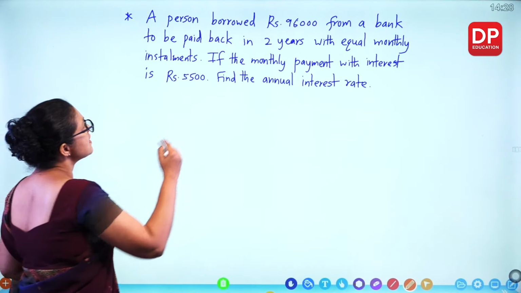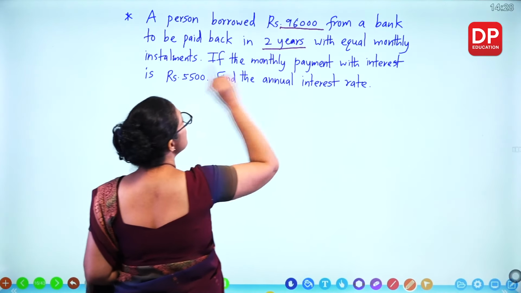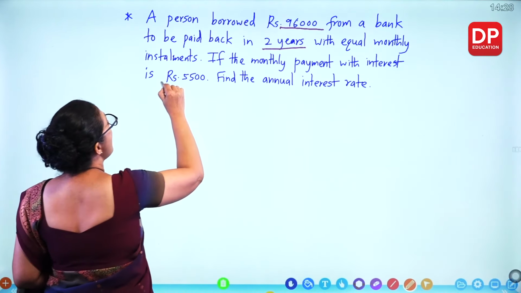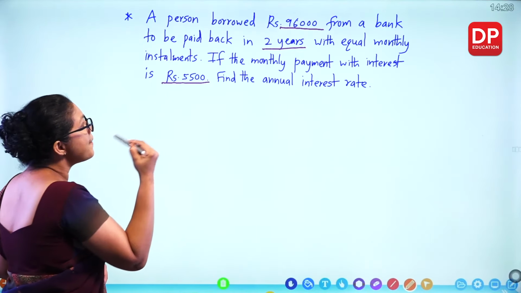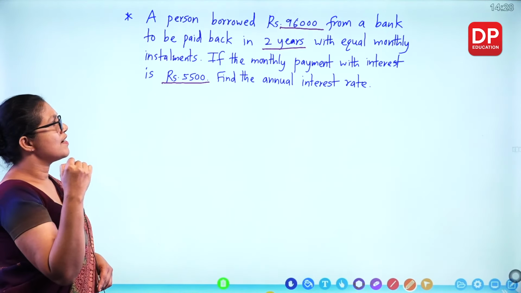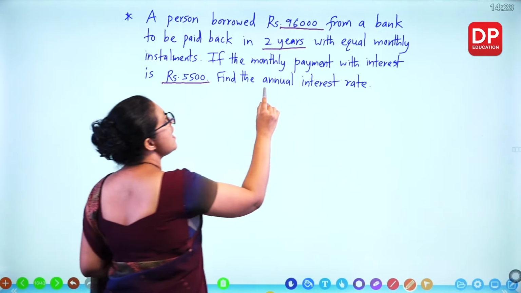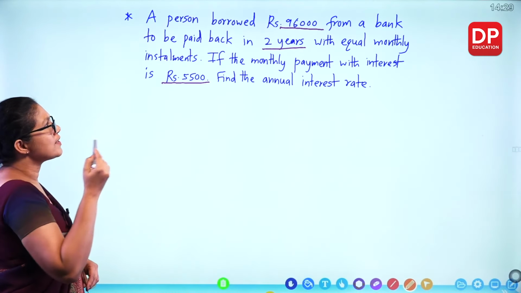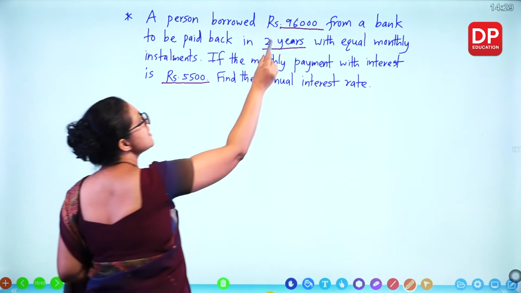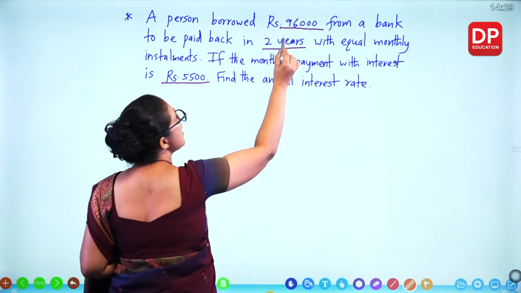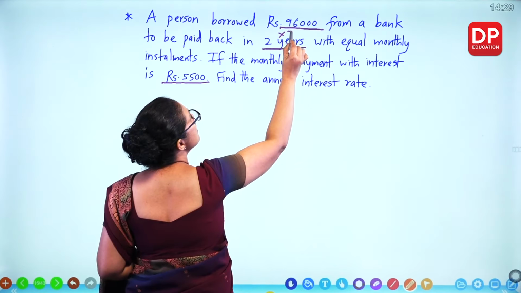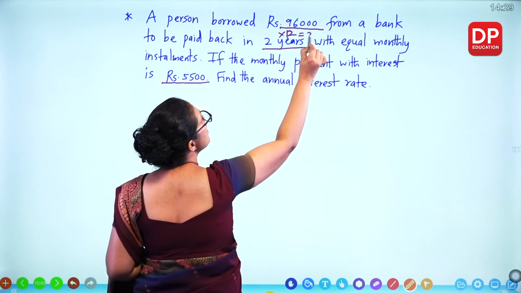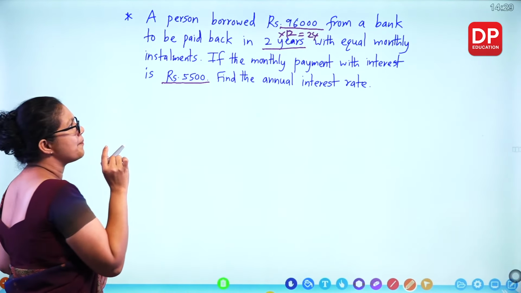Now the amount is given, borrowed for 2 years it's given, and the payment with interest is given. You are asked to find out the annual interest rate. So what's the first step? You have to calculate how many months are there. So this is 2 times 12, altogether 24 months are there.